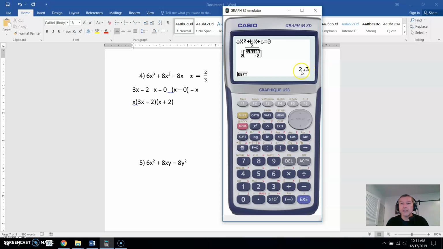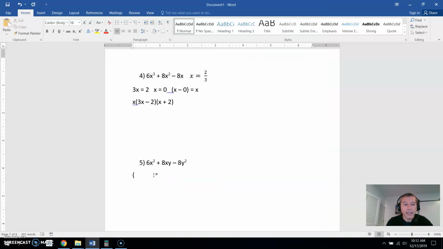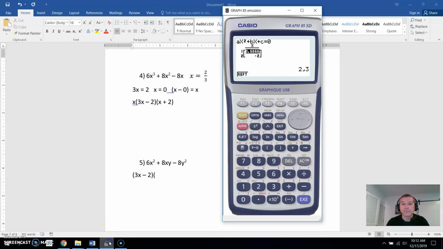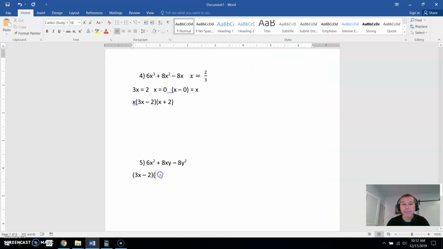When you cross multiply, it's going to be 3x minus 2. Okay, we've done that before. Think of this as being x equals 2/3. The 3 goes up there with the x. 3x equals 2. Now take the 2 over, 3x minus 2. Or write it down how I have been doing that. 3x minus 2. And then the other solution is -2. So the factor is x plus 2.